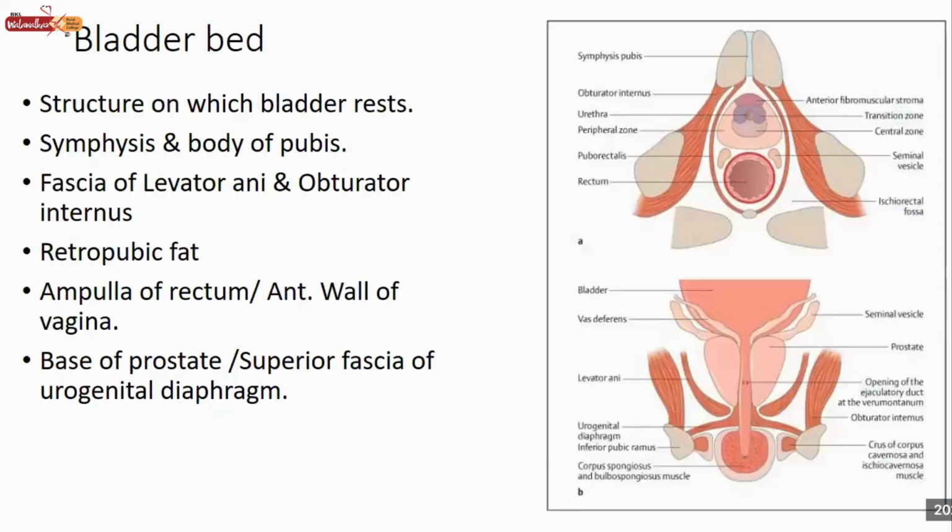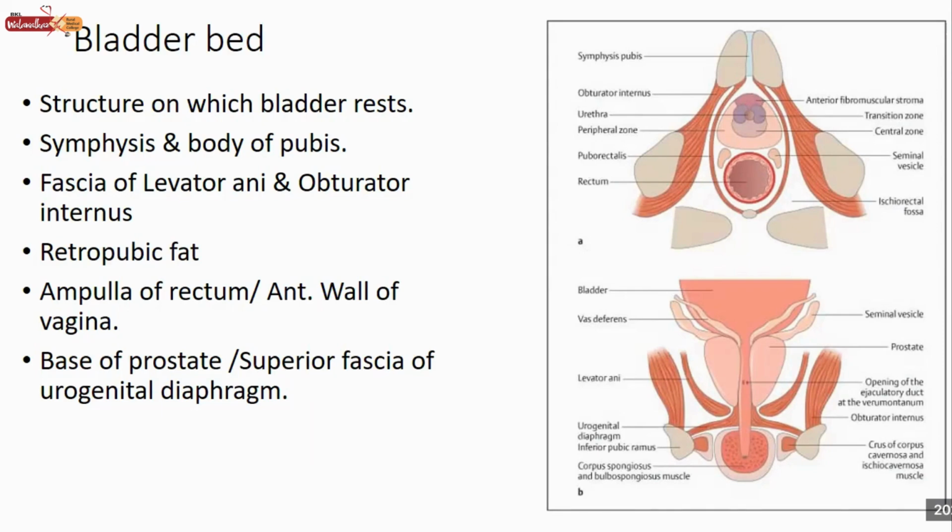Now coming to the bladder bed. As we saw, stomach bed means the structures on which the stomach lies. Similarly, the bladder is situated on some other organs or structures, and that is the bladder bed.